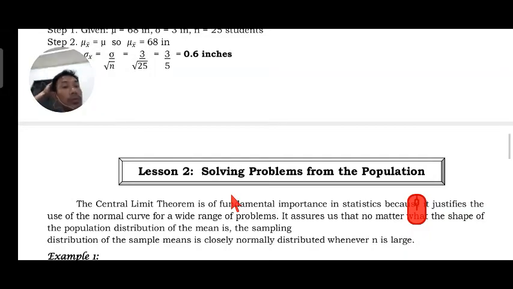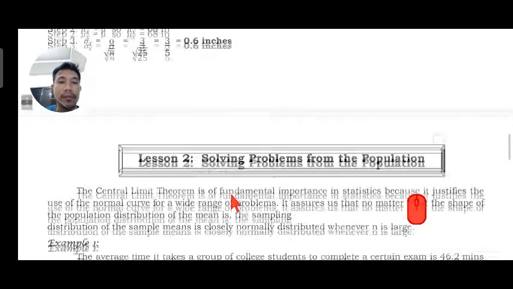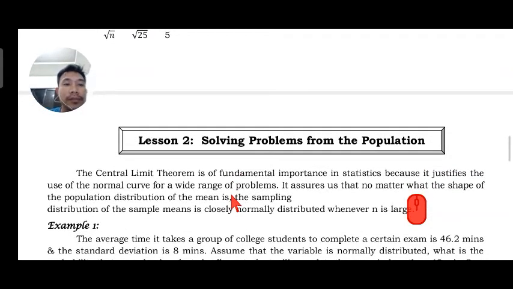Ating lesson 2, which is all about solving problems from the population. Okay. So the central limit theorem is of fundamental importance in statistics because it justifies the use of the normal curve for a wide range of problems.